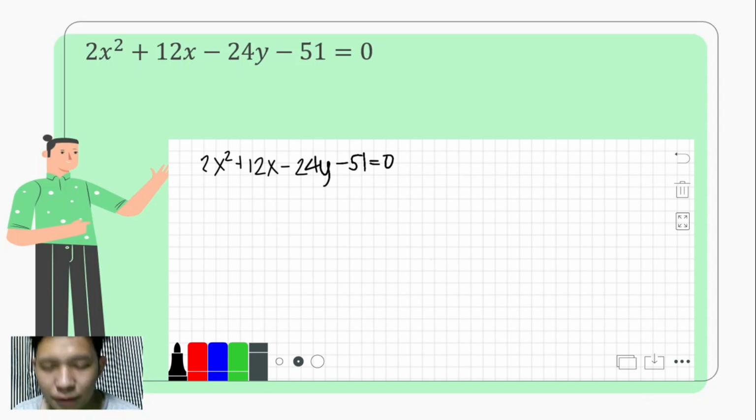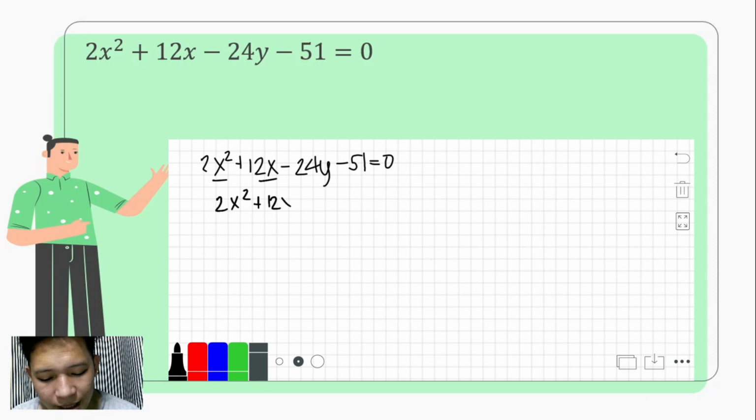What we're going to do is group the x terms. So we'll have 2x squared plus 12x, and all other terms would be transposed to the other side of the equation, making this equal to positive 24y, and then positive 51.